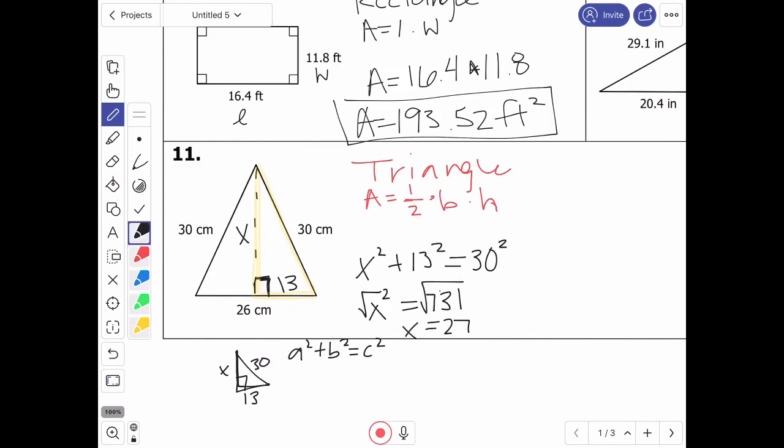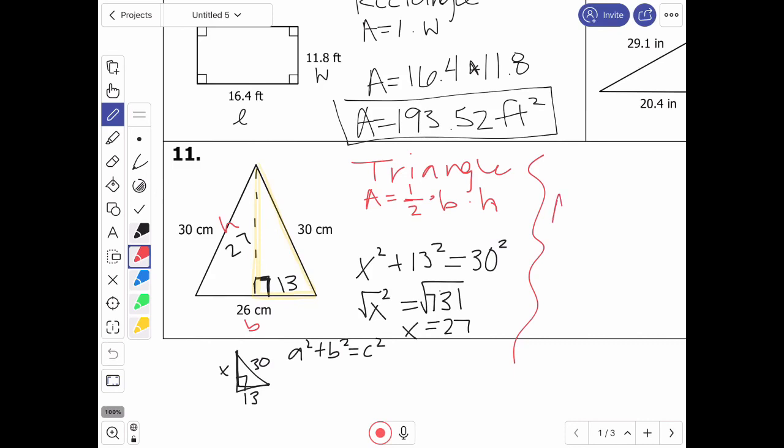So I'm just going to erase this x here real fast and actually put in what my height is, so it makes sense. Okay, so my height is 27 and my base is 26. So now I can use my area formula and actually figure out what the area of this triangle is.